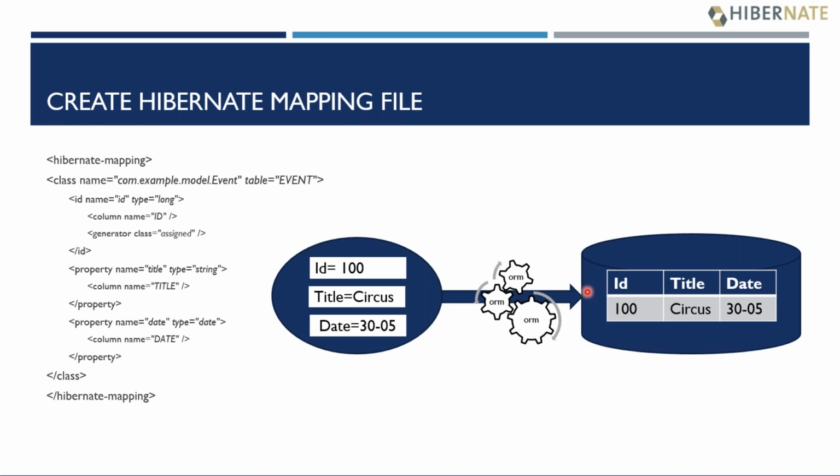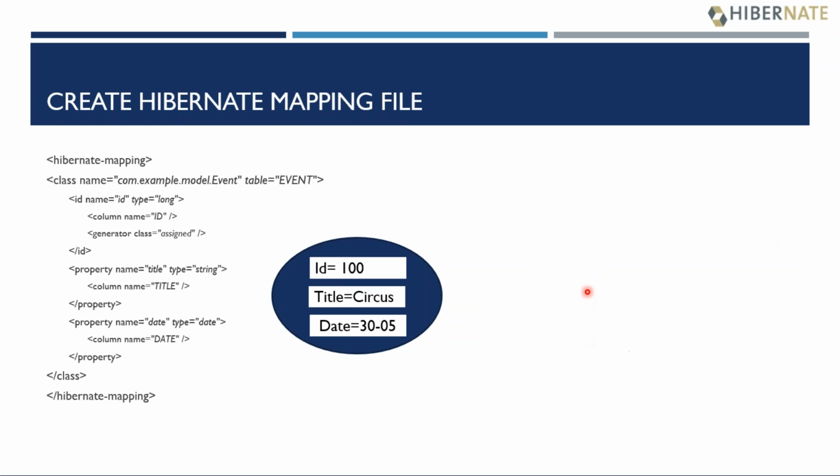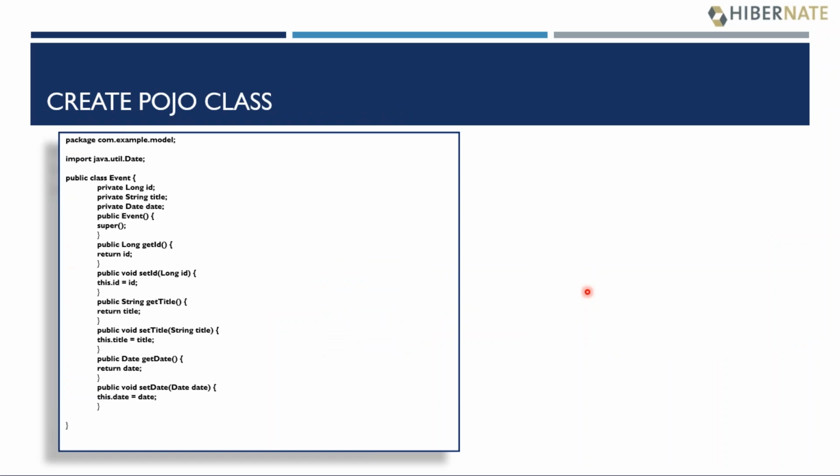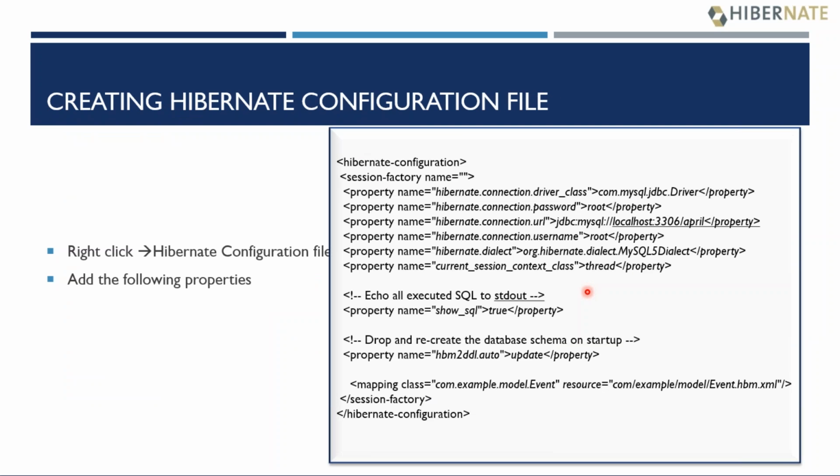Question: What was the XML you showed before, do we write this in the same file? Which one? This one? Yeah, this one. This is the configuration file. It is having all the settings of your project that will be used by Hibernate to create a session factory object.